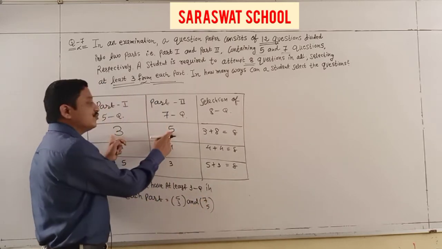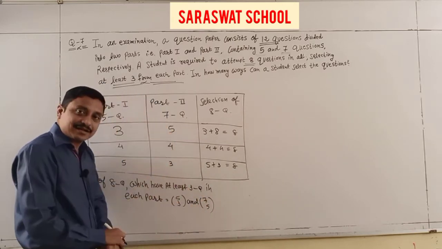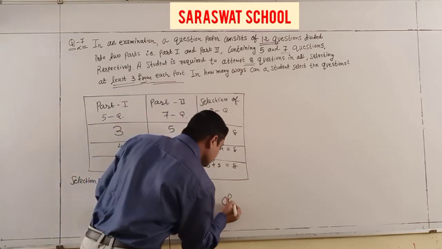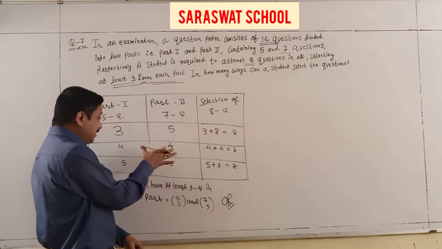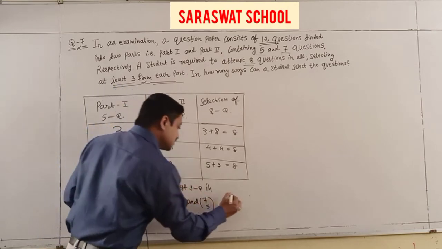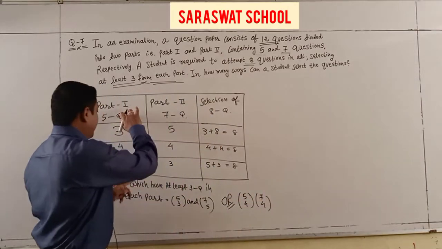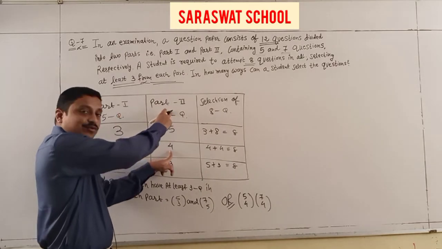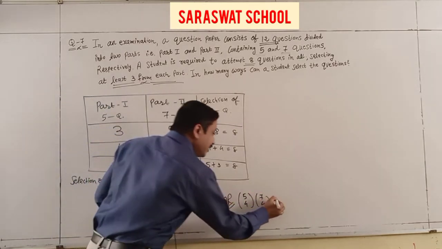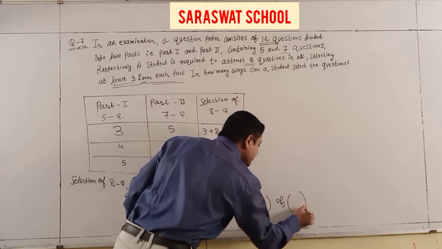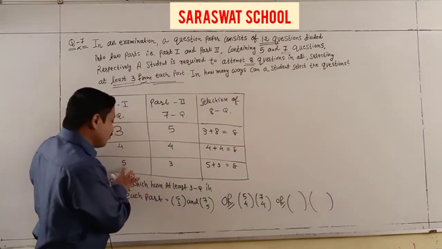This first case is done, total 8 selected. Otherwise, the second criterion is also true: 5 choose 4 and 7 choose 4. Again, and otherwise, the last is 5 choose 5.